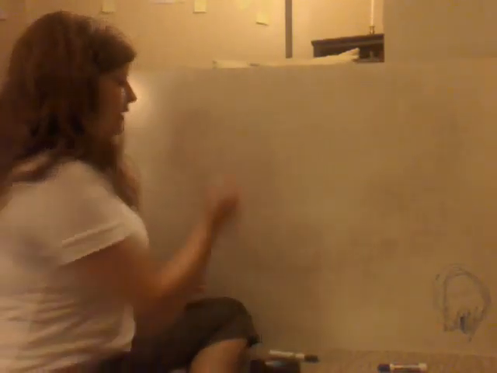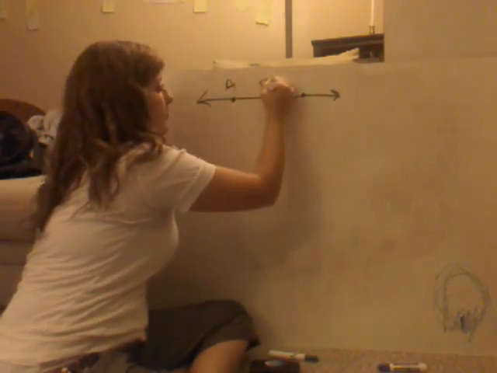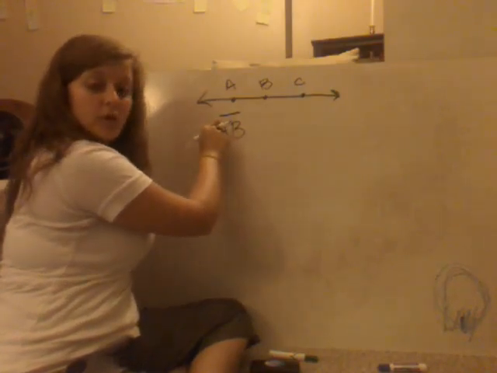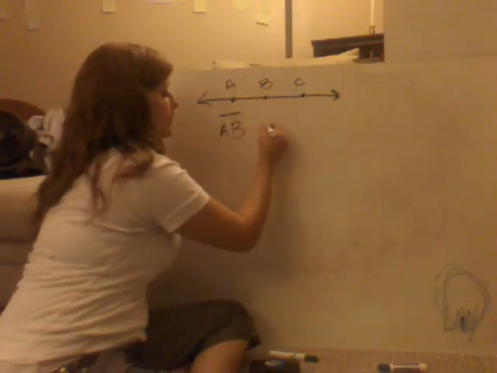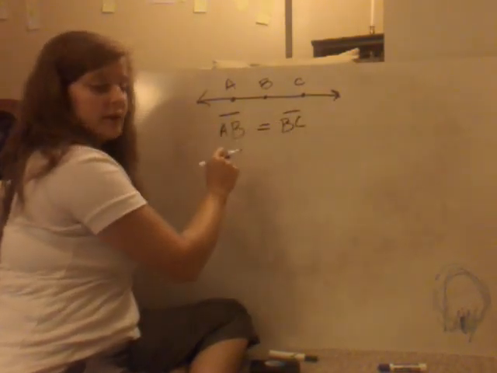Alright, number 16. I had a line with 3 points labeled A, B, and C. I tell you that segment AB, remember this little tiny line with no arrows on it, is a segment, is equal to segment BC, again with a little line on top.